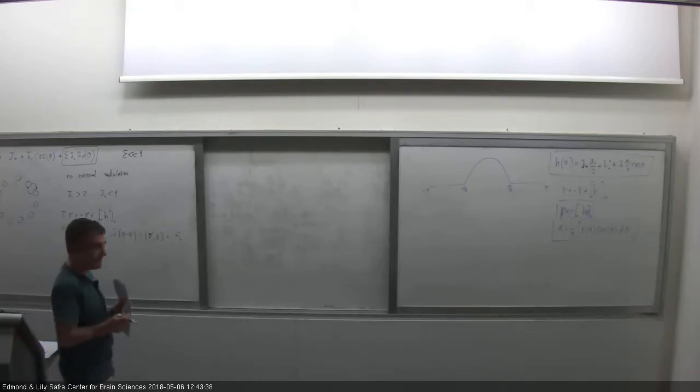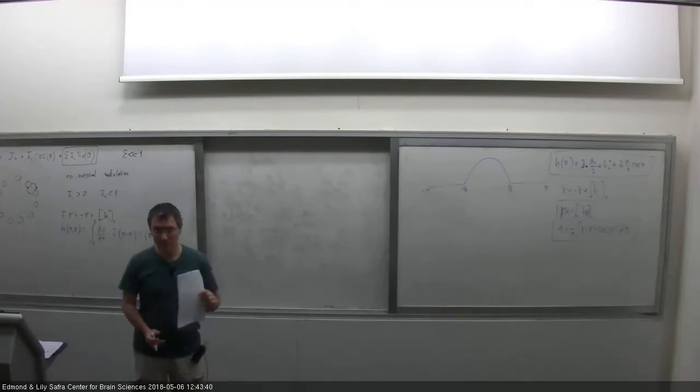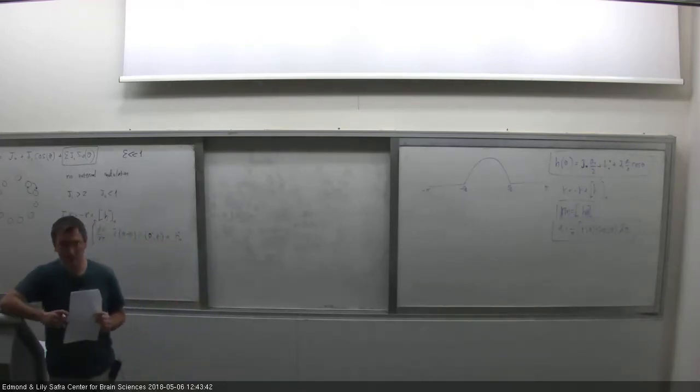But if epsilon is small, then, in general, we'd expect that the shape will change by little. The smaller the value of epsilon, the smaller would be the effect on the shape of the bump, if indeed there's a change in the shape of the bump. But in some sense, this is not very interesting. The question is, will we see a qualitative difference in the behavior, in the solution?